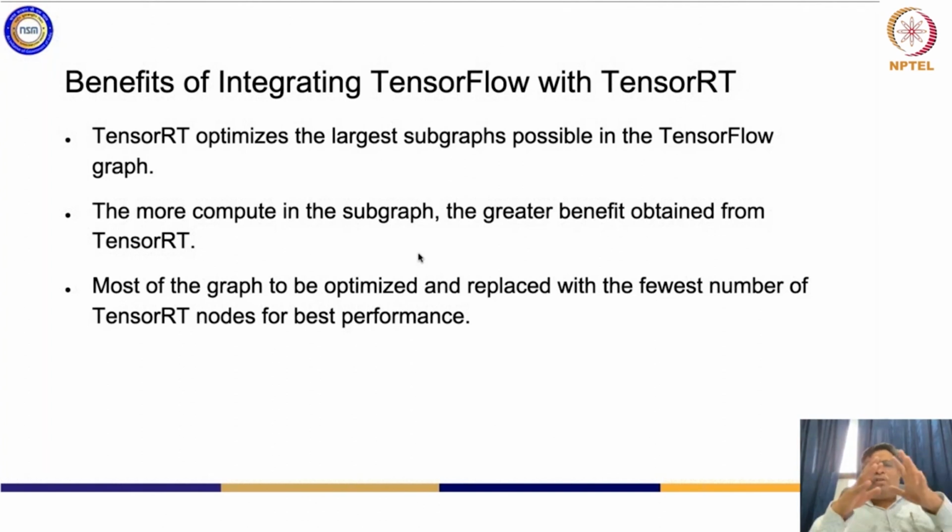So most of the graphs which are to be optimized are replaced with the fewest number of TensorRT nodes, so you generate a TensorRT node actually. So the idea is you can optimize and replace with a specific, smaller number of nodes as compared to your actual nodes in the graph, right? So that is what you are going to be doing, right?